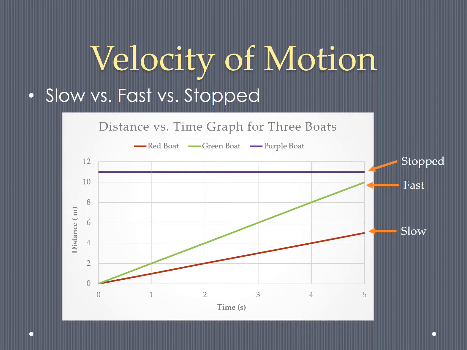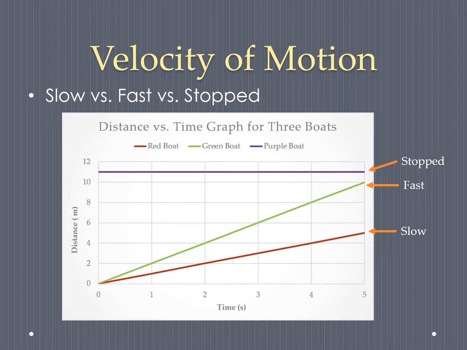After 5 seconds, however, if you follow the red line all the way across to 5 seconds, the red boat has only covered a distance of 5 meters, whereas the green boat in 5 seconds has covered 10 meters. The green boat has covered more distance in the same amount of time as the red boat, so therefore it is traveling faster. It has a faster velocity.